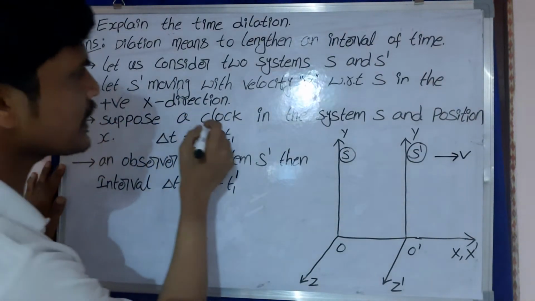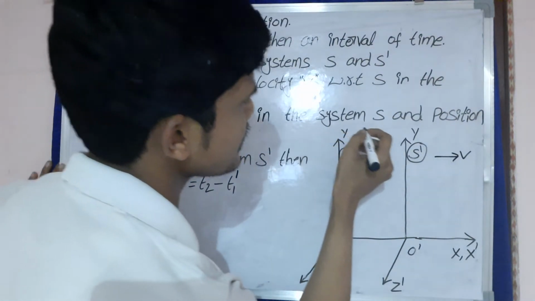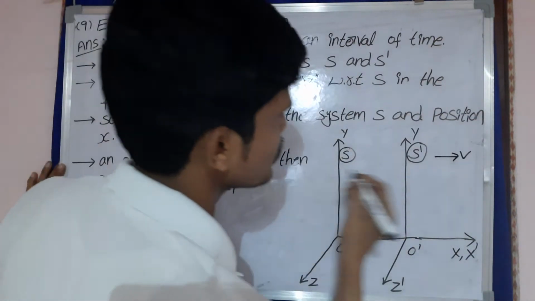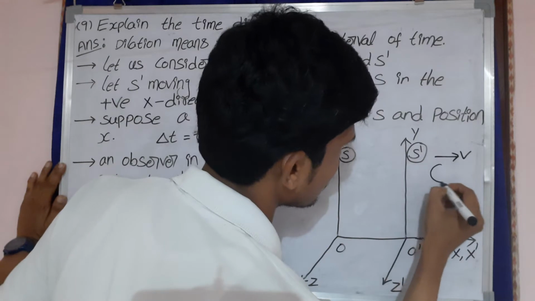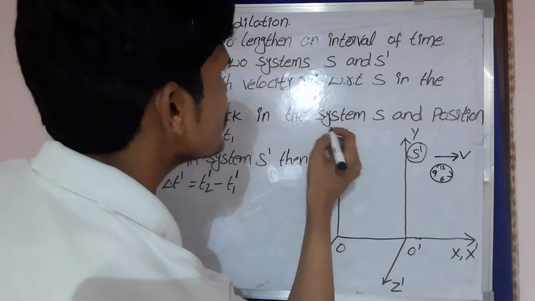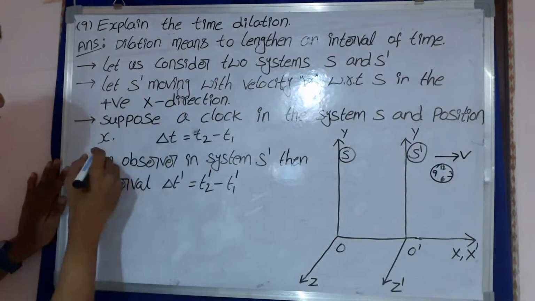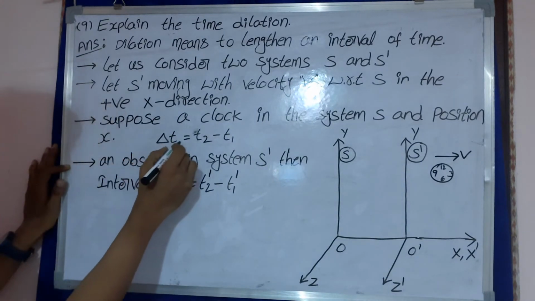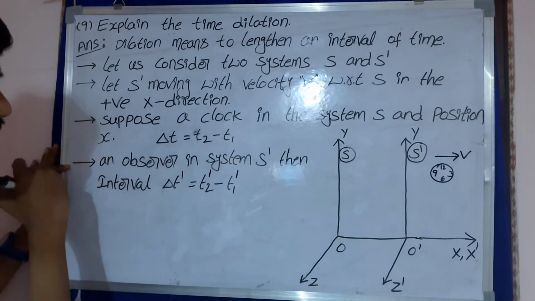Suppose there is a clock in the system S at position x. The interval of time delta t equals t2 minus t1.